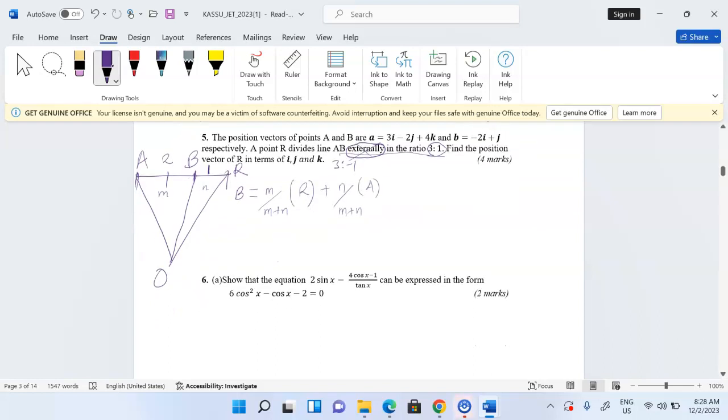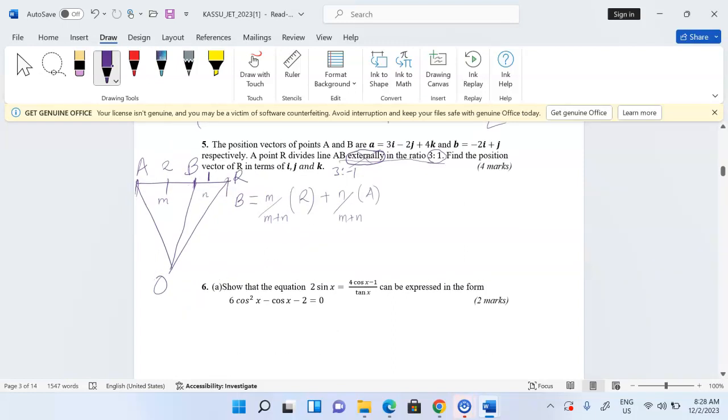So we can now apply it and say the coordinates of B, which are already known. The coordinates of B are -2. Remember this -2j and -2i and j. So the units are -1, -2 and 1. So we're going to say -2 and 1 is found by ratio m is 2 out of 3, which is the total.